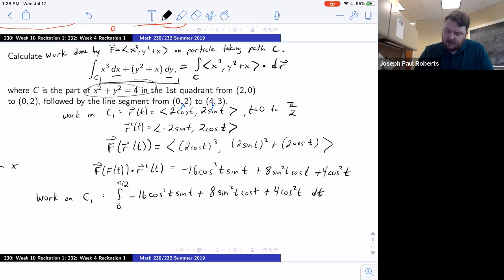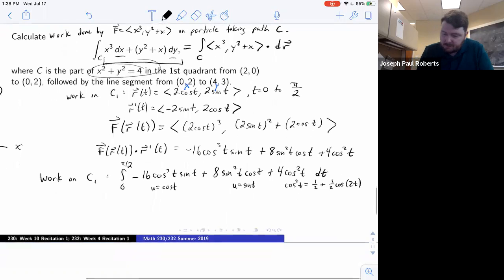And then, okay, if you do a substitution, u is cosine t on the first term, u equals sine t on the second term, and then the third term, you're going to have to use the fact that cosine squared is 1/2 plus 1/2 cosine of 2t. We've reviewed this double angle formula before when we were doing polar coordinates, and spherical came up a few times.